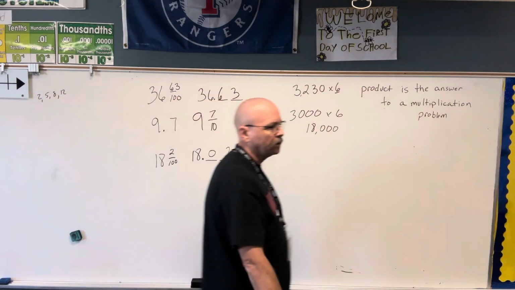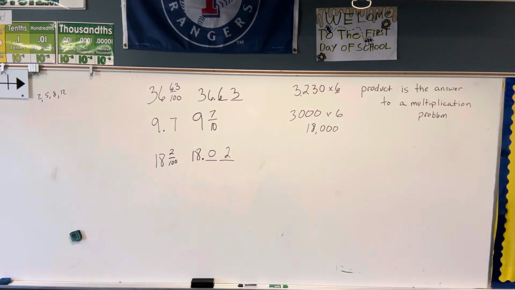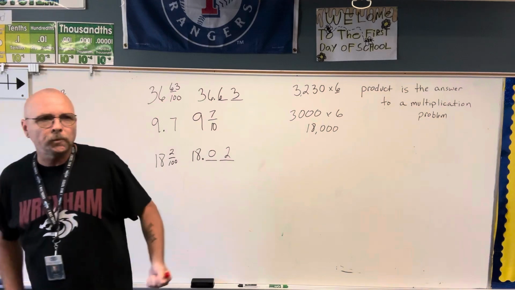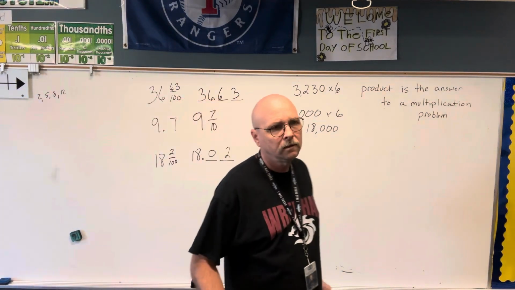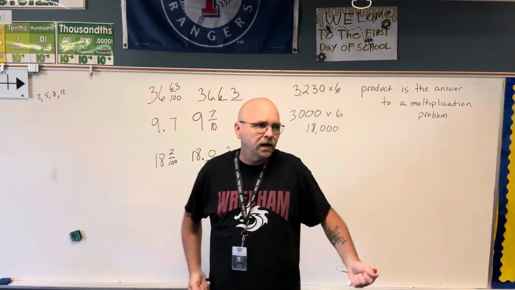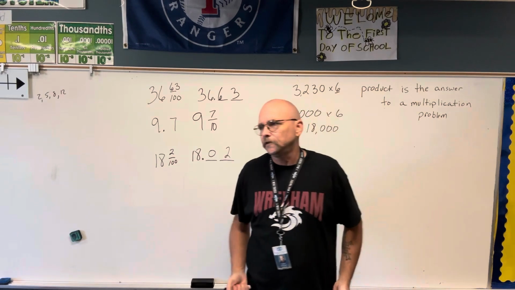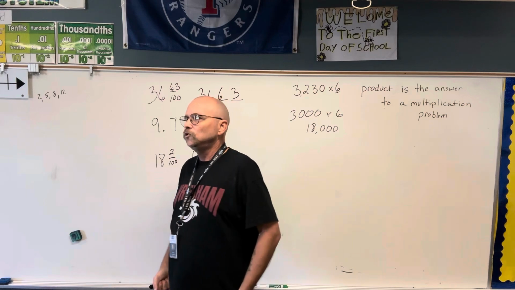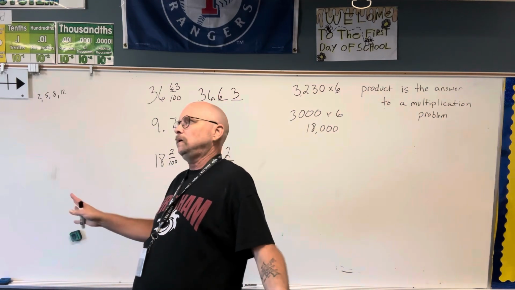Do not forget to estimate. That would have saved about half of you from missing that multiplication problem last week. You thought 39 times 75 was 255. If you estimated, you'd be like, that's cray-cray, can't be, duh.